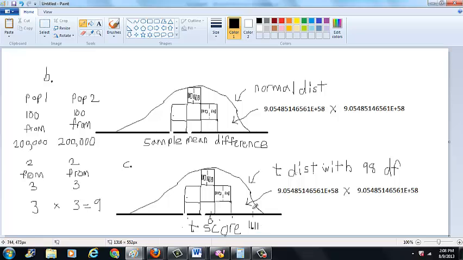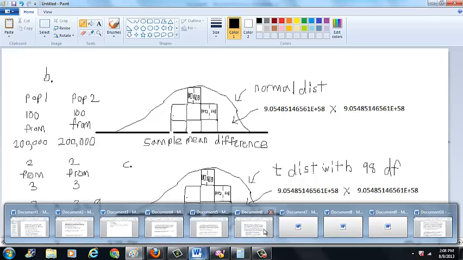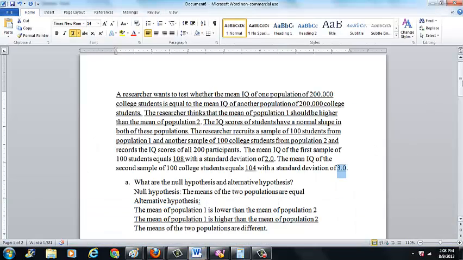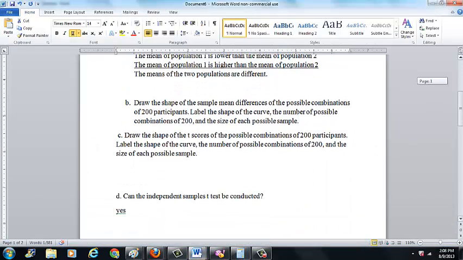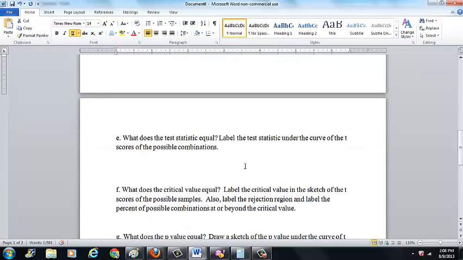We can put an X above it, showing this is where our sample comes from. Our test statistic equals 11.11. And we already drew the sketch of it.